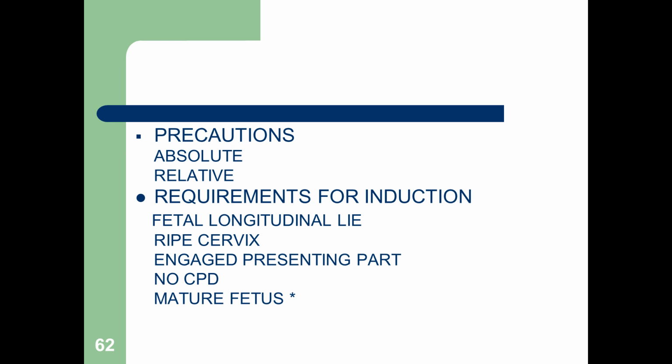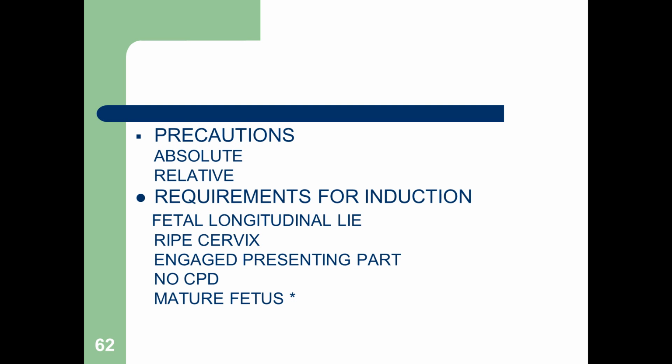Okay. So most of the time they go by dates, but if the patient is getting into trouble, they have PIH or hypertension or renal disease, you have to weigh the benefits and the risks. So if they're inducing and the baby is not considered term, they're going to do an LS ratio to determine if the lungs are mature enough to be delivered.